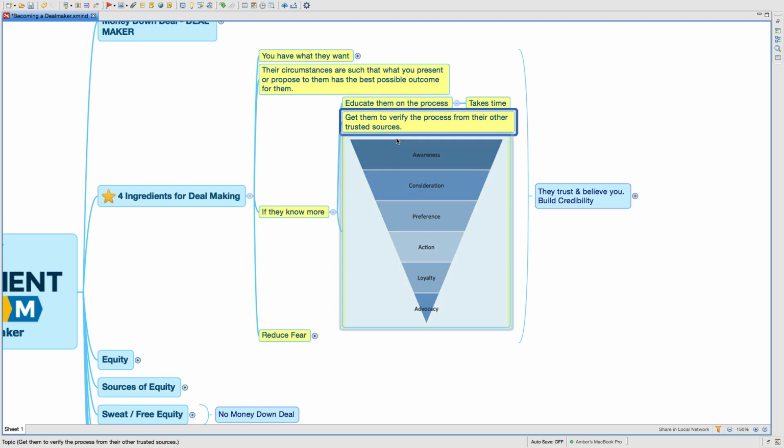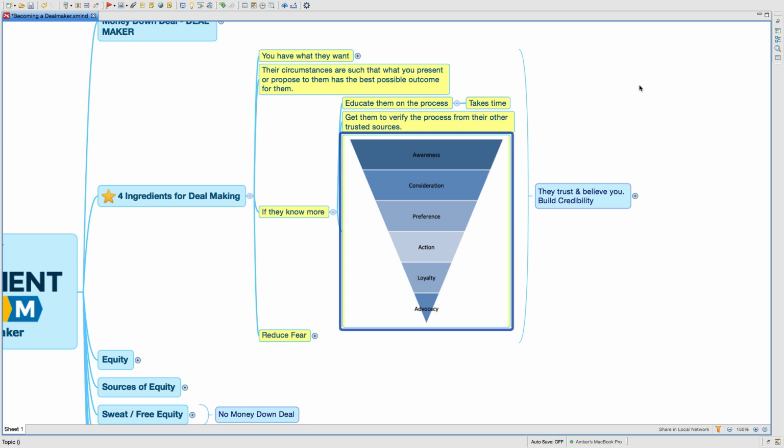This diagram here basically tells you it's a funnel, and the way it will work is that the first stage is awareness. That's the time and the energy that you've got to spend with them in educating them, because they don't even know what it is like to be part of a project.